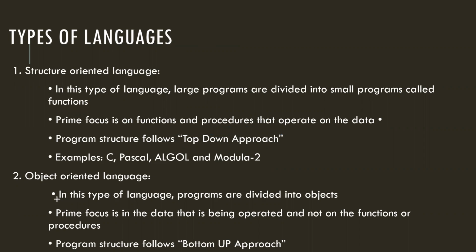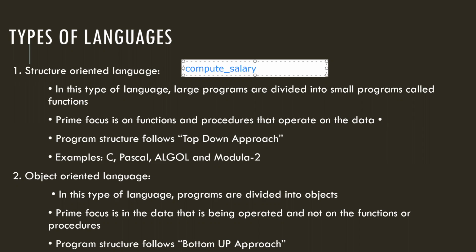However, for object-oriented language, programs are divided into objects. For example, in C programming, you can have something like compute salary, and then probably you have the hours worked and the pay rate.